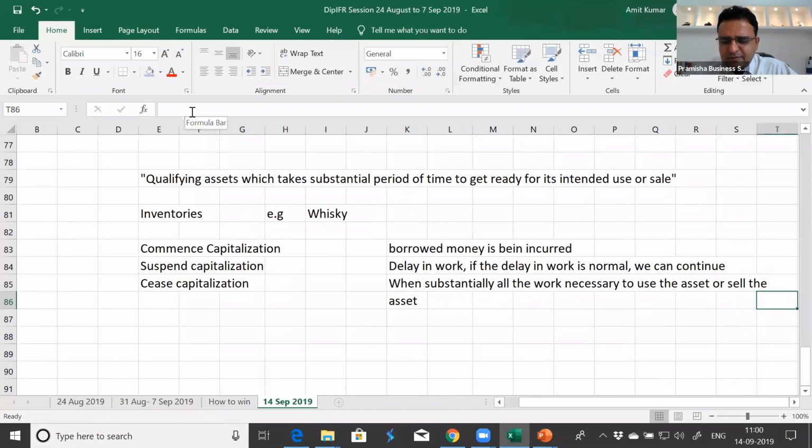The word substantially means that if we are constructing a metro station and the elevator is yet to function, but the stairs are functioning, the metro is working fine, the lift may take some time, or the minor decorative work is yet to be completed, we'll cease capitalization the moment it is operational, ready to function, and all the work necessary for it to be operational is complete.